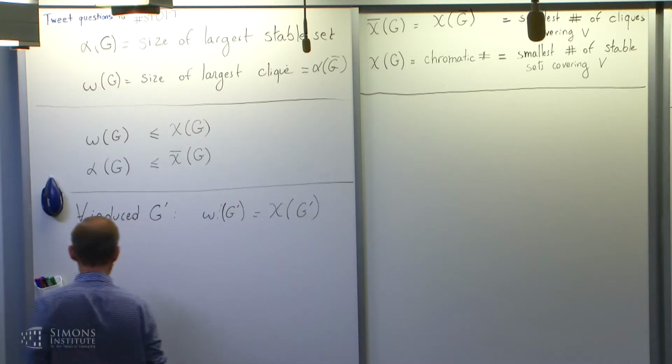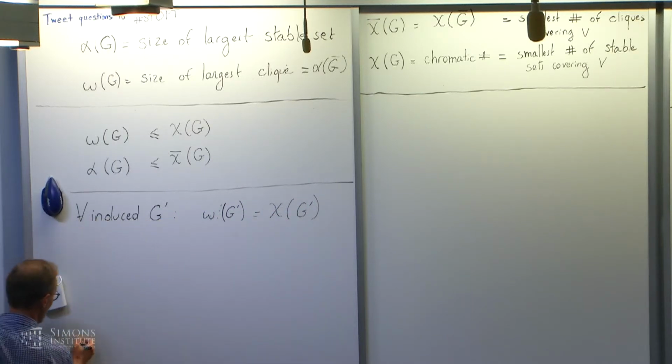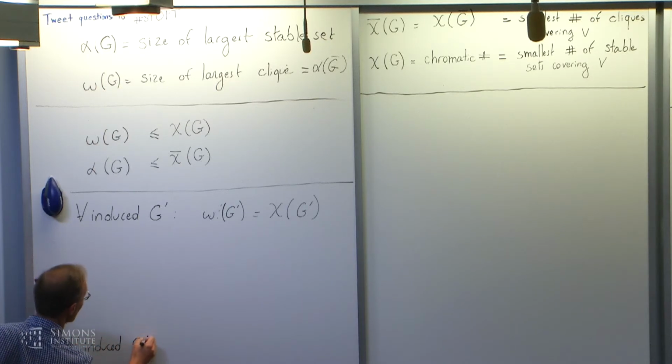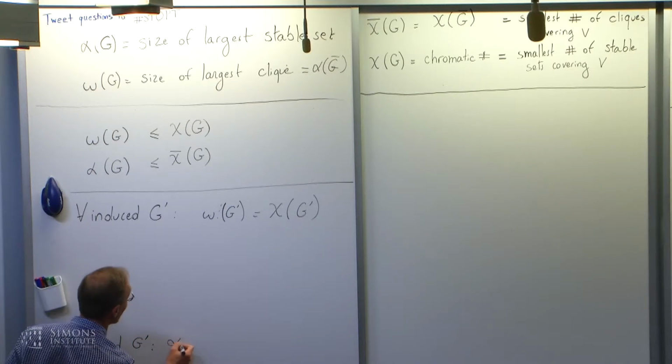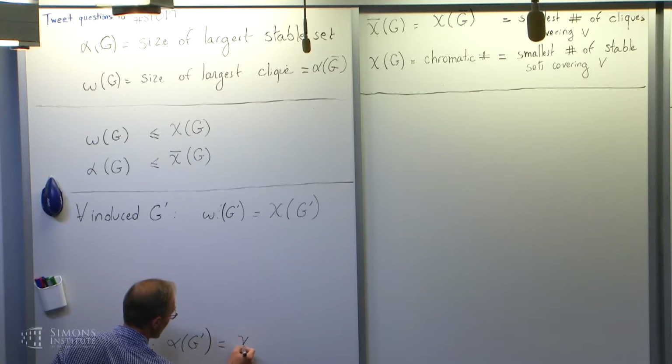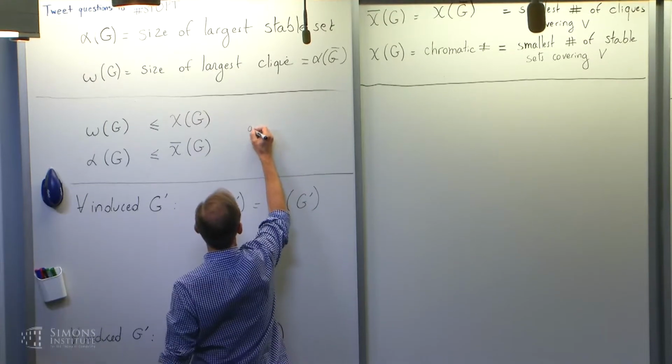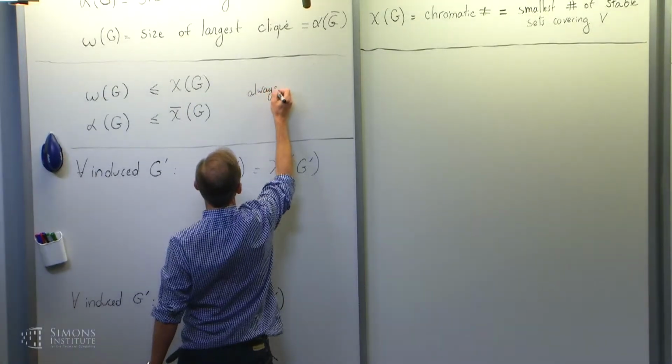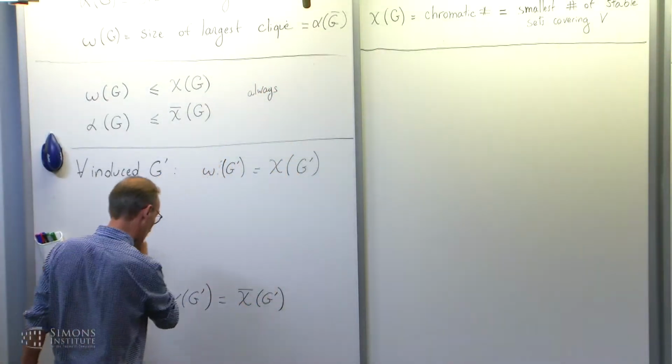And another class of graph is for all induced G prime, we have that alpha of G prime is equal to chi bar of G prime. So this is always.